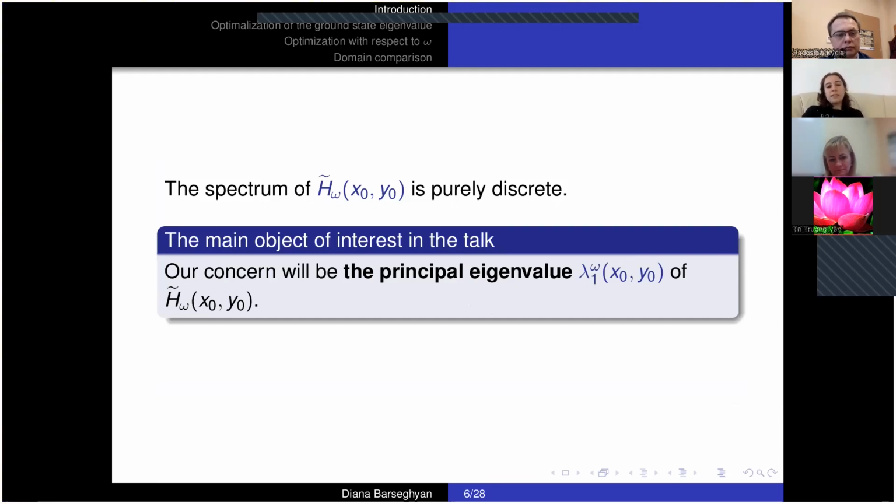First of all, since this part with the electric potential is bounded and the magnetic Laplace operator has purely discrete spectrum on the bounded domain, from the minimax principle it follows that this operator H_Ω tilde also has purely discrete spectrum. And during our talk, we will consider mainly the ground state eigenvalue λ1(Ω, x0, y0) of this operator. So this λ1 is the principal or first eigenvalue of our operator.